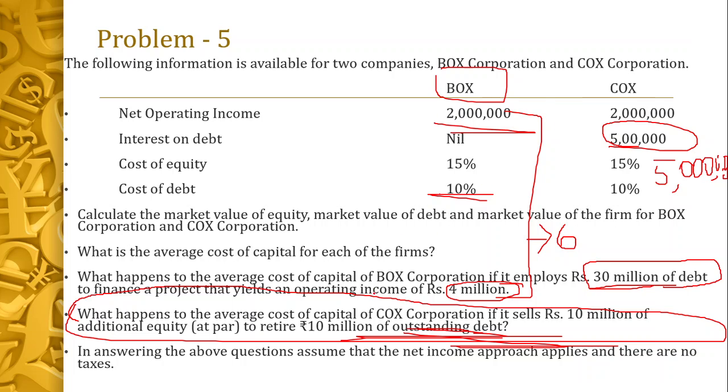Coming to the last situation, why you cannot calculate it further. You can calculate up until finding the total market value of equity. Only the debt you cannot find out.